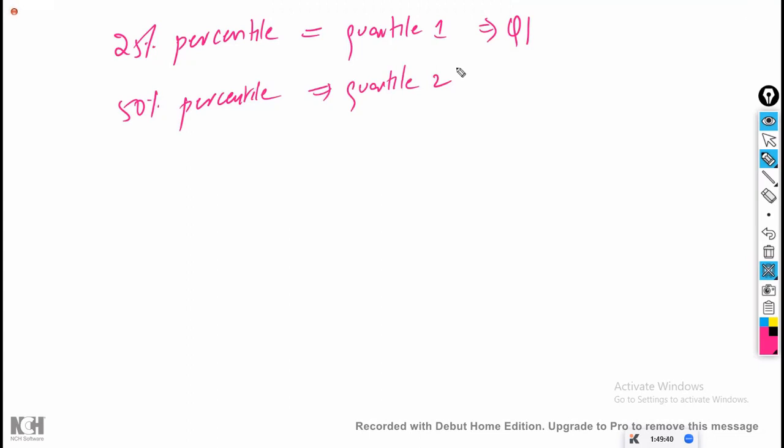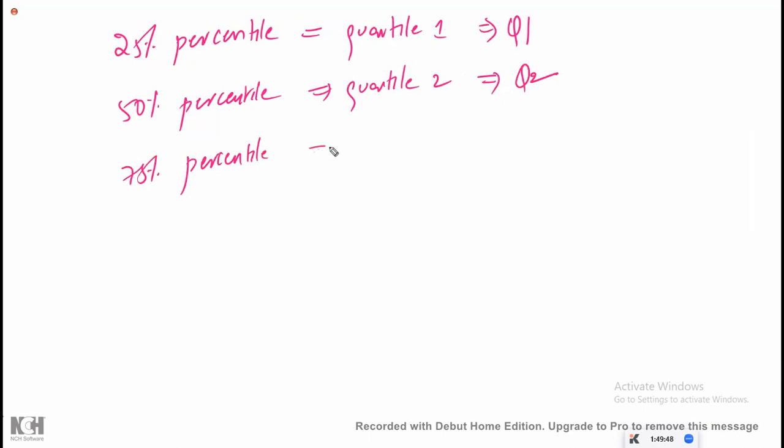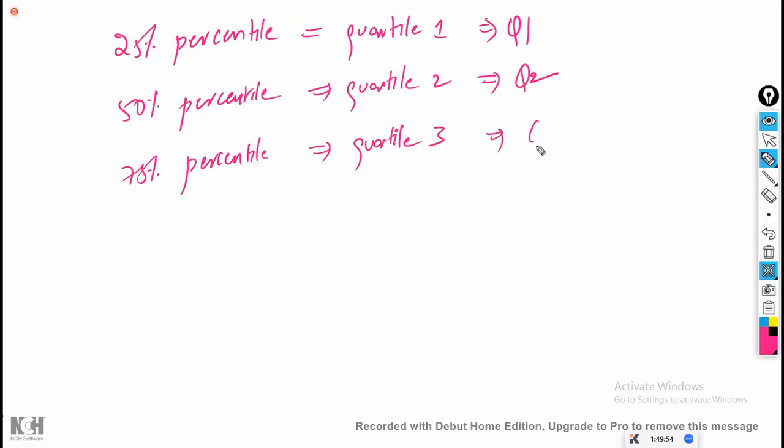Two 25 percentiles combined is called 50 percentile, which is Q2. 75 percentile is quartile 3, which is Q3. Each of them is called a quarter.